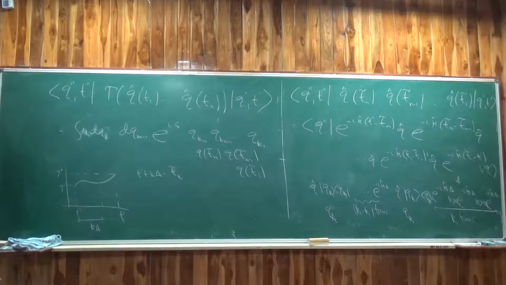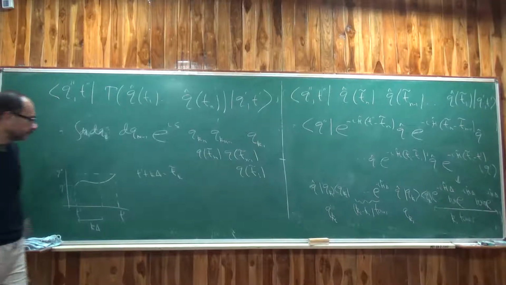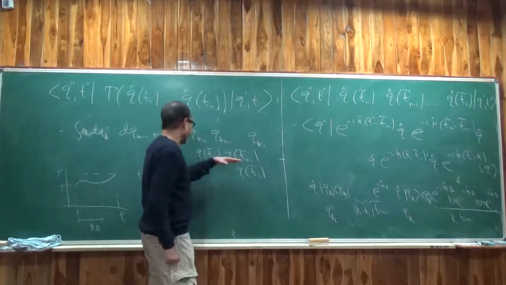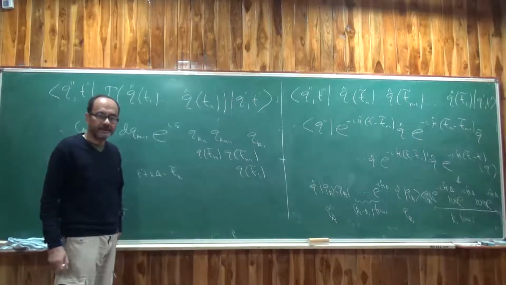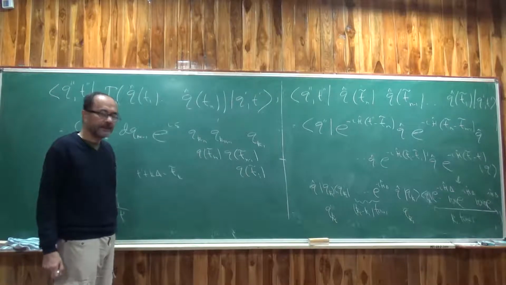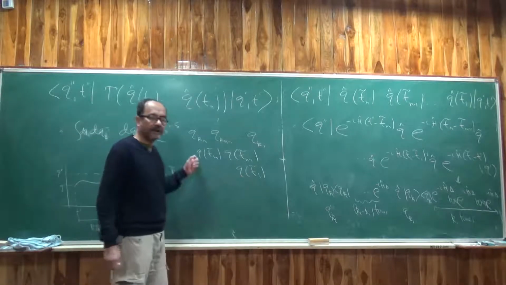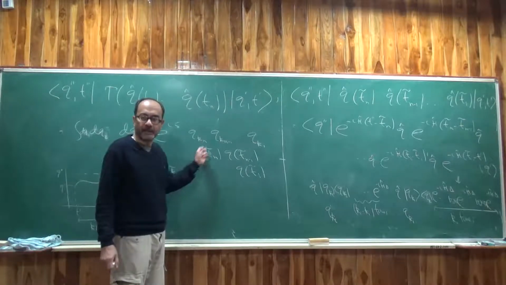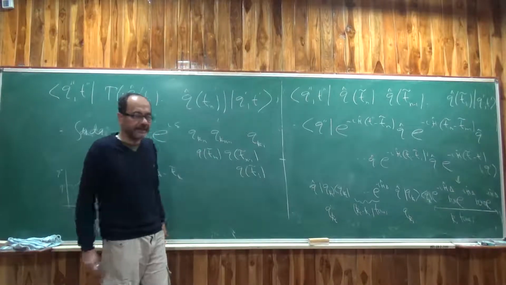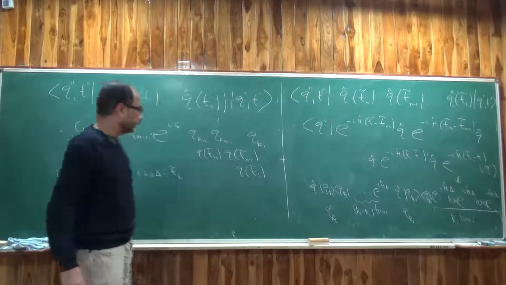Is this point clear? But now this is an ordinary integral. These are not operators. So how you order this has no relevance. You can order them in any way. An integral is an integral.